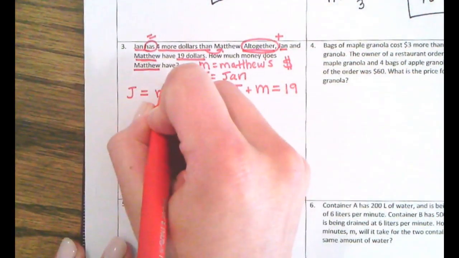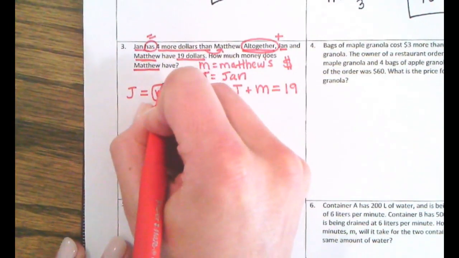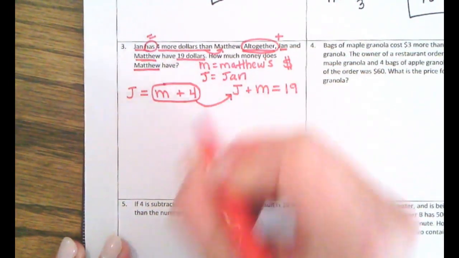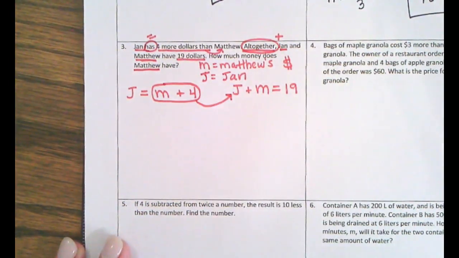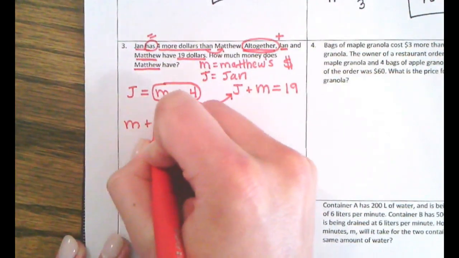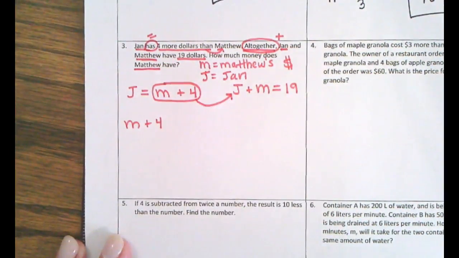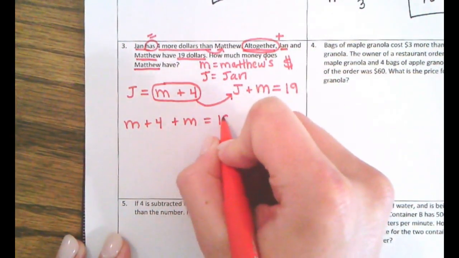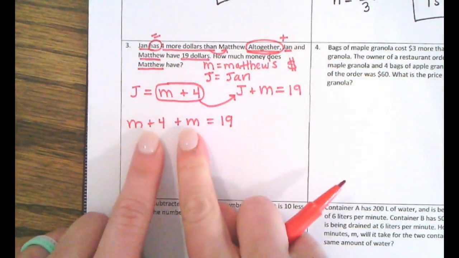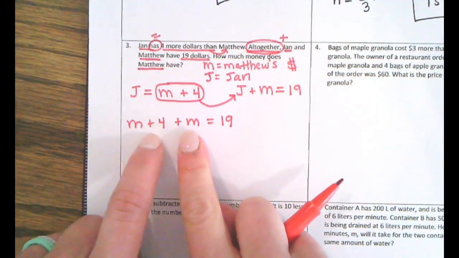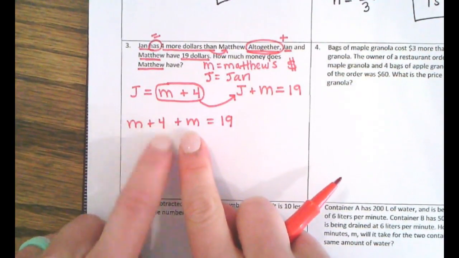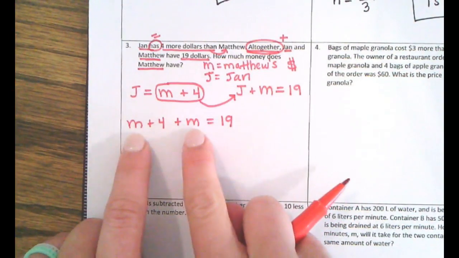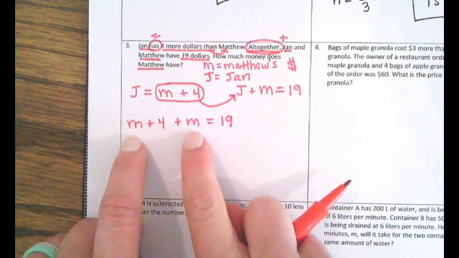So I'm going to take this little expression here that I said about Jan, and I'm going to replace it in that equation with Jan. So I'm going to say M plus 4, because this represented Jan, plus M equals 19. So this basically means Jan's money, which is 4 more dollars than Matthew, and Matthew's money equals $19, but I only have one variable now to deal with.